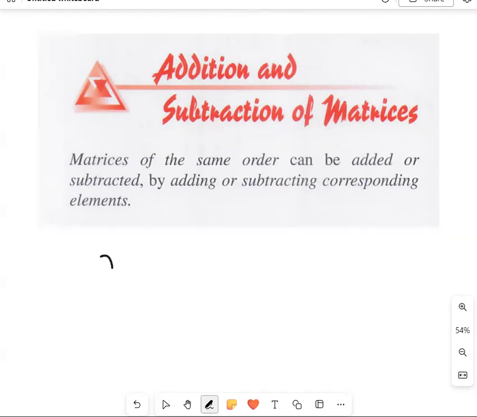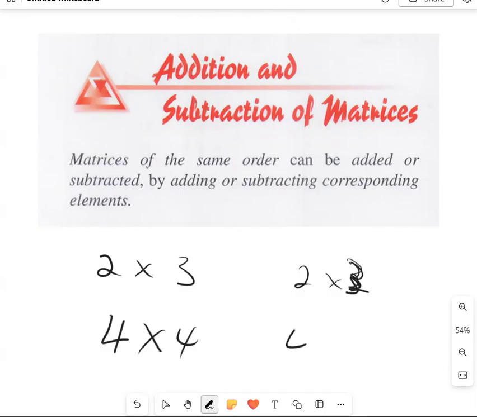So if you have let's say a 2 by 3, you can't add that to a 2 by 2. You just can't add it. The second matrix has to be a 2 by 3 as well. If this one is a 4 by 4, it can't be added to a 4 by 5. The reason why is that in addition, you add corresponding elements.